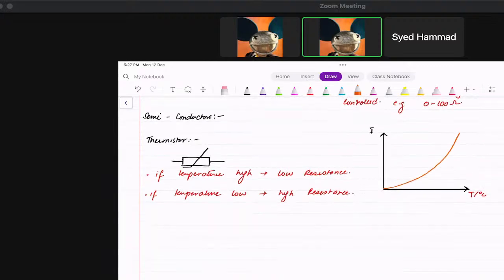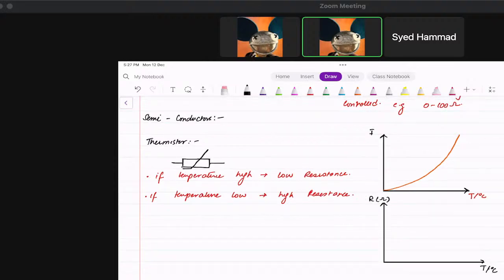Now this would be the current versus temperature, but it also can be resistance versus temperature. So then this graph would look like this. As the temperature increases, resistance becomes smaller and smaller.